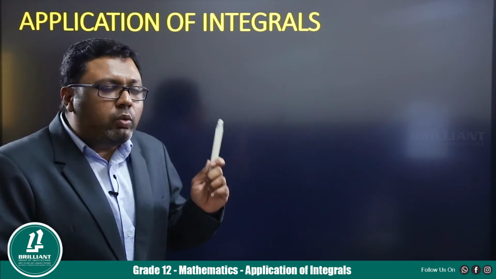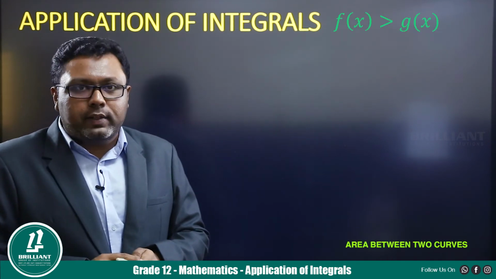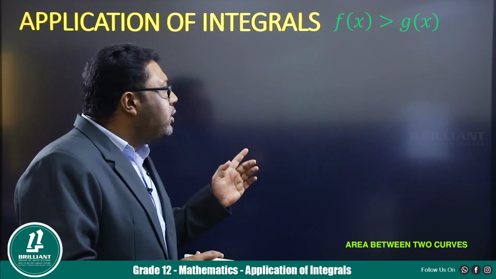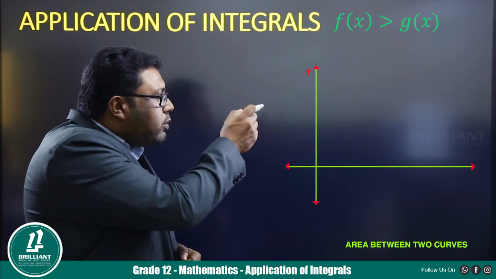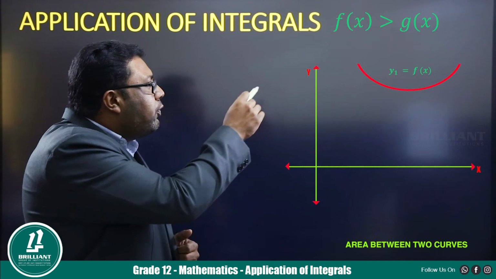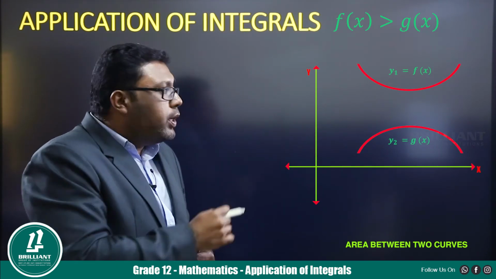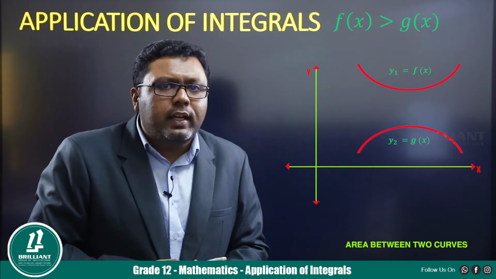I'm talking about a situation where the function f of x is greater than the function g of x. So when you plot it on the xy plane, f of x is going to stay above. Consider the graph here, the xy plane. Now in this xy plane, y1 is equal to f of x and y2 is equal to g of x. So here f of x is above g of x because f of x is greater than g of x.